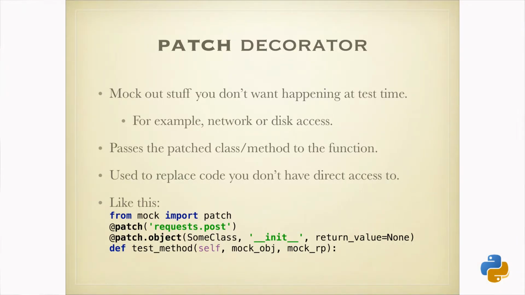And so it's really simple to use. You can just import the patch decorator from the mock library. And I've got a couple of examples at the bottom. And one thing to keep in mind is when you're stacking decorators, you have to keep the ordering in mind. So in this case, the first decorator is the last argument passed into your test case.